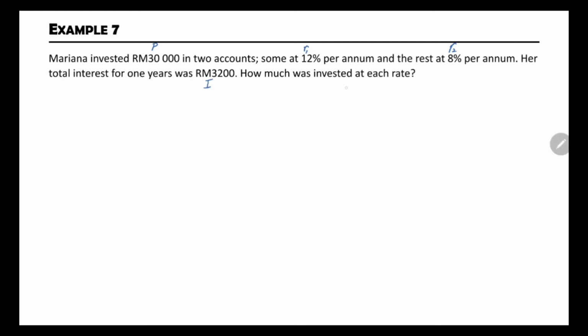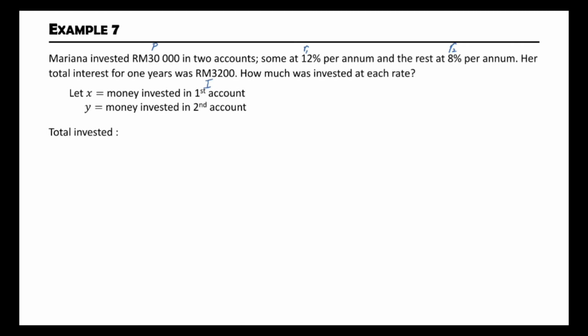So we need to find P for the first and second R. Let x equal to money invested in first account and y money invested in second account. So total invested means money from both accounts, x plus y, and total money she has is 30,000. This is the first equation. Second, total interest. Interest is 3,200.